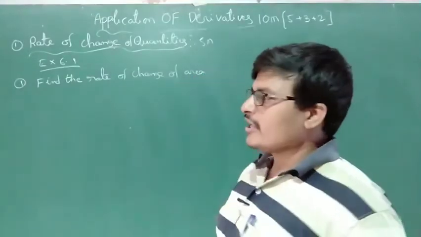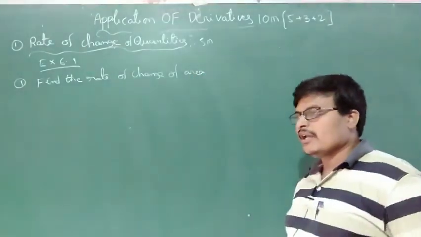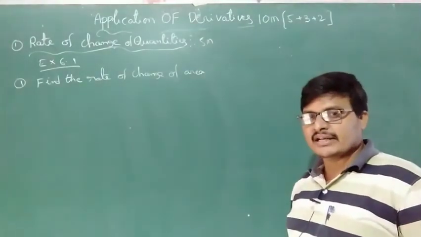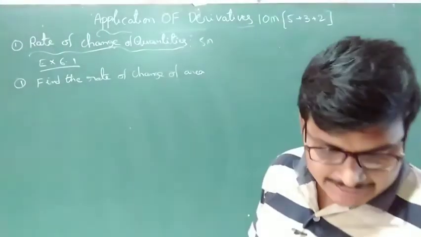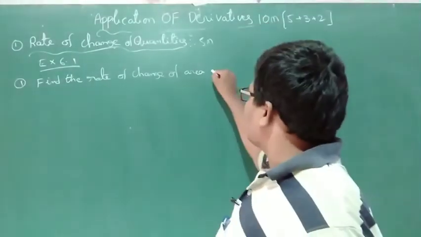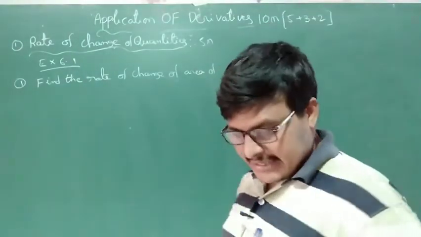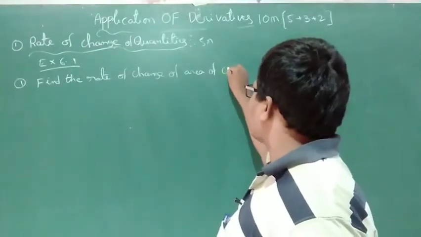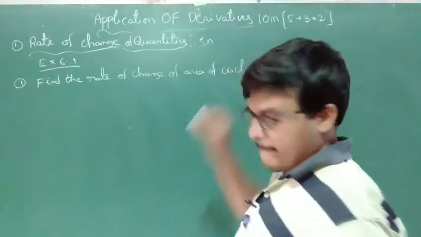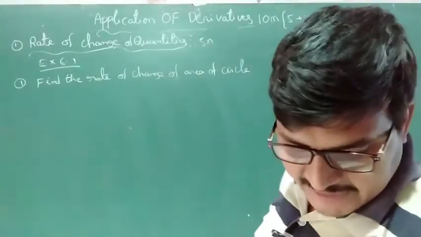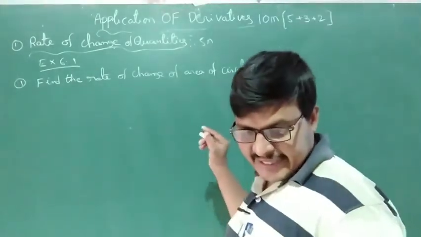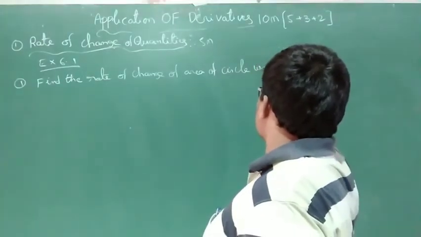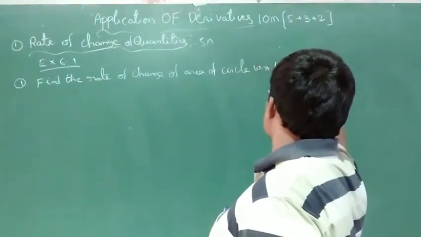Rate of change of area means area is denoted by capital A, so dA by dt. We have to calculate dA by dt. Which area? Area of a circle, with respect to its radius.